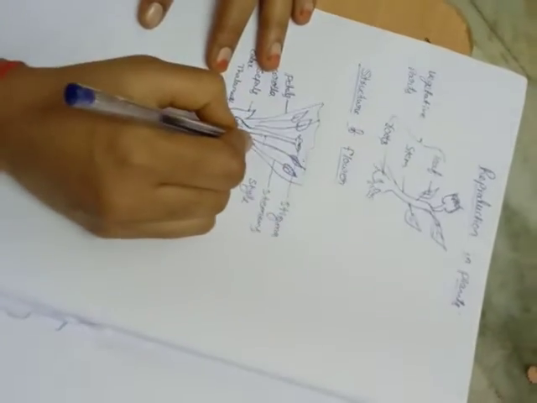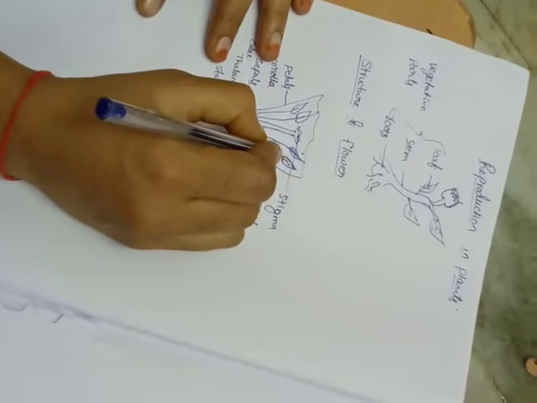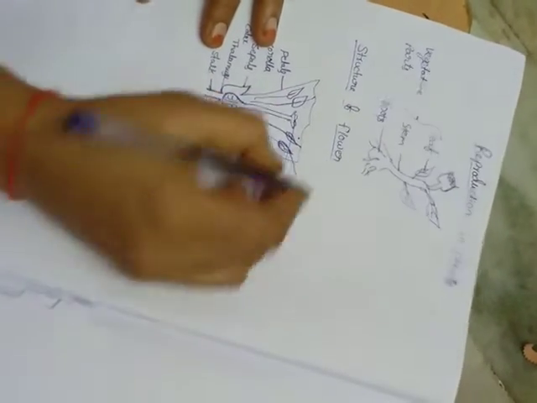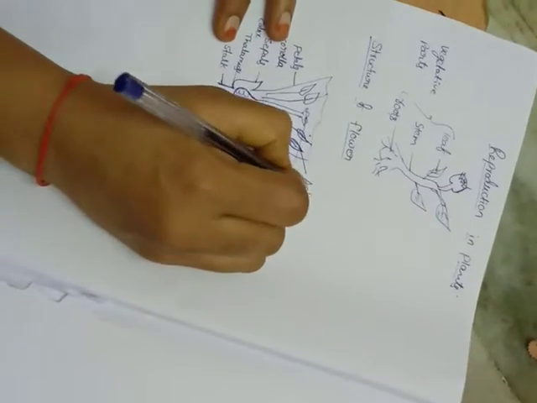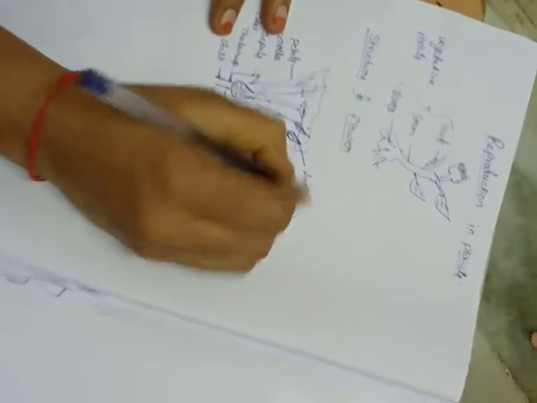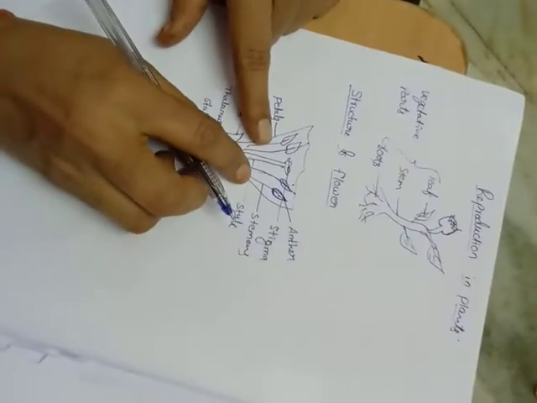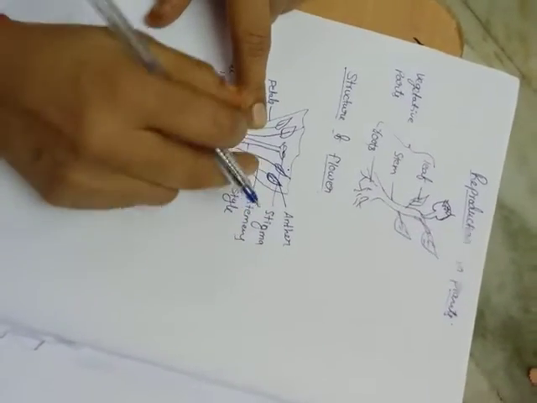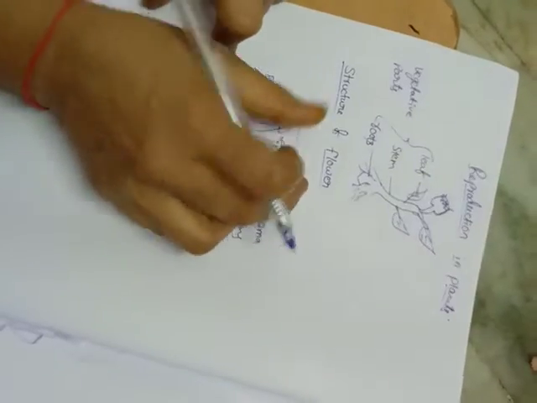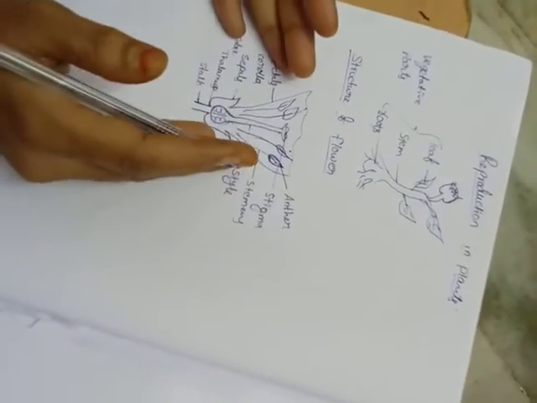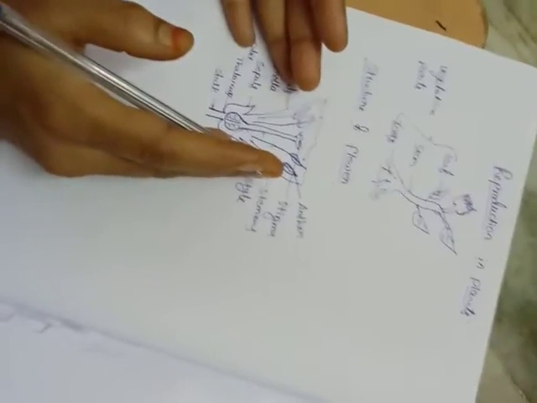Anther. These are the male reproductive organs of the flower. This part is called androecium. This other part is called ovules and ovary. Androecium contains stamens and anthers.